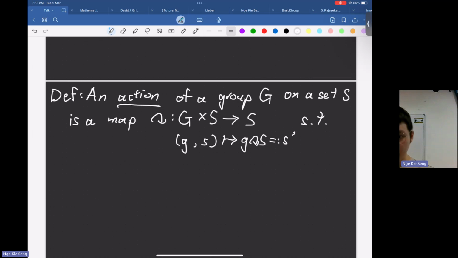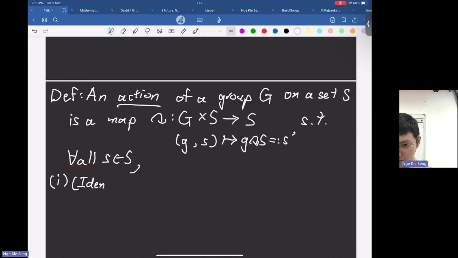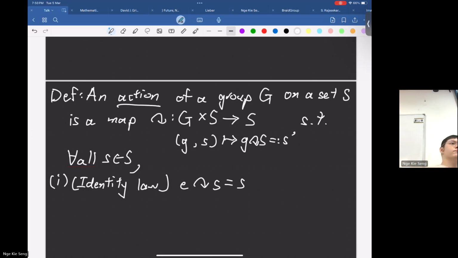It's not just any function that we want to consider, but there are two properties we want it to follow. First of all is the identity law. So what's the identity law? The identity inside my group should act trivially on my set. You should think that there's no relation between the group and the set.